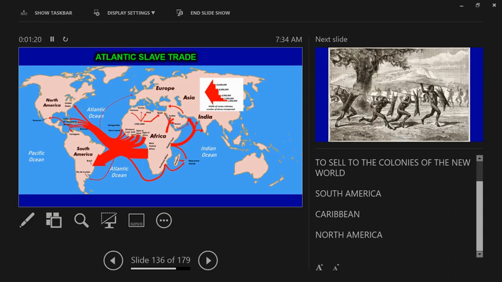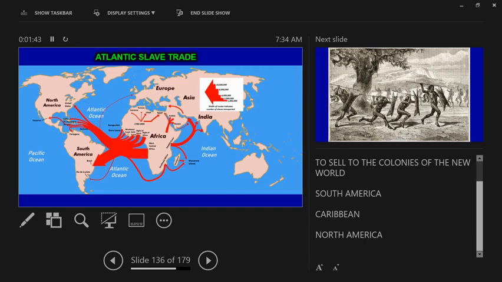This map shows you the proportions of people coming from Africa and being sold into slavery in the New World. You can see the proportions by the thickness of the arrows. It looks like most of them went to South America, and the United States received a very small number.